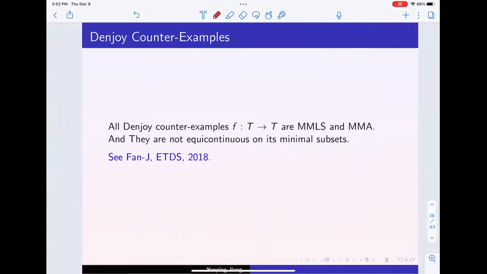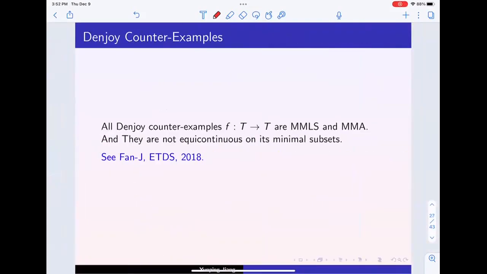Okay, so I just want to mention that the example I mentioned before, the circle homeomorphism, is called a Denjoy counterexample. It's a circle where we insert an interval at every point on the orbit, then reconstruct the circle.